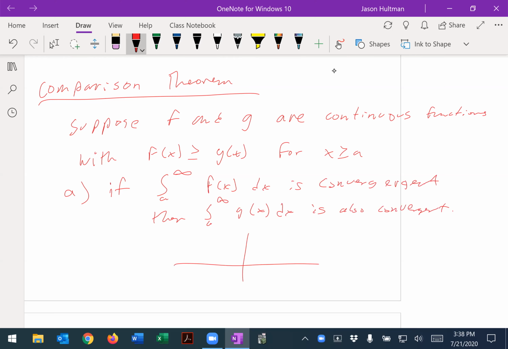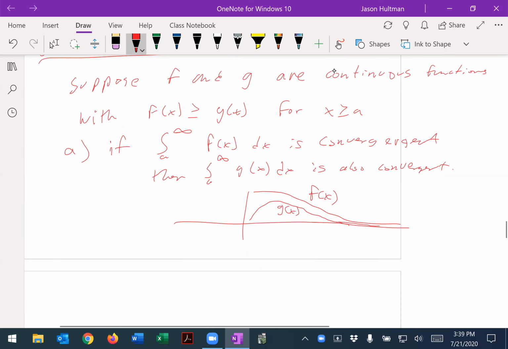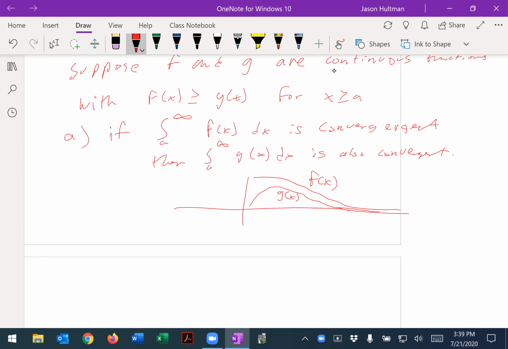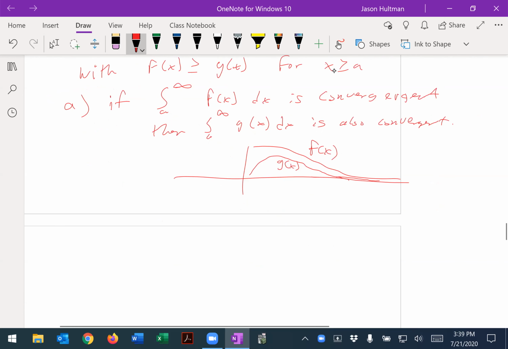Say that we have a function f of x, and some other function g of x that's always less than f of x. Wouldn't g of x be forced to converge as well? Does that make sense? Because it's being sandwiched between the x-axis and f of x. It's kind of like the squeeze theorem. We're squeezing it between these two.